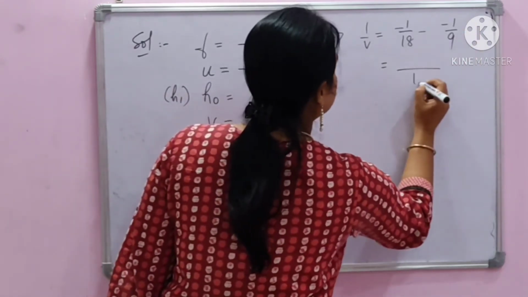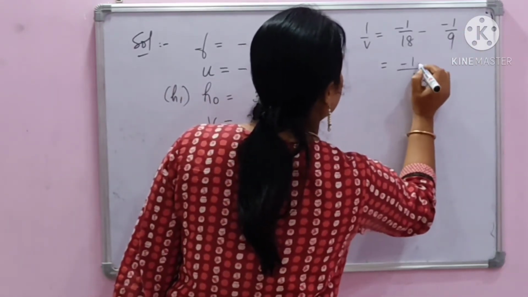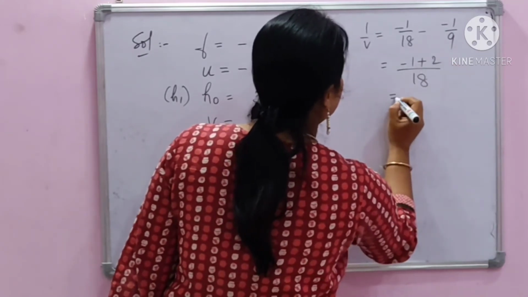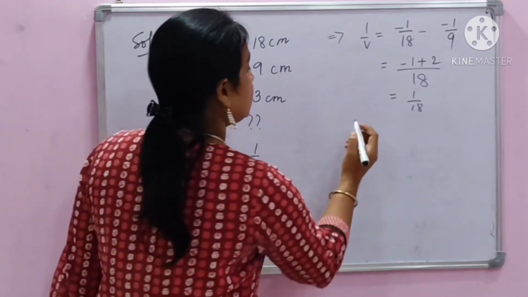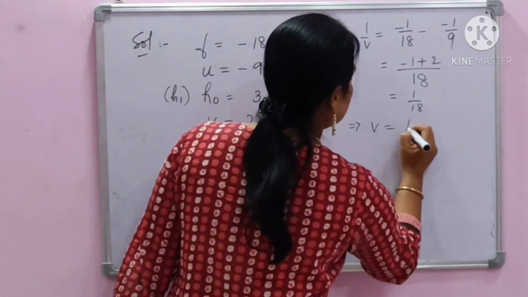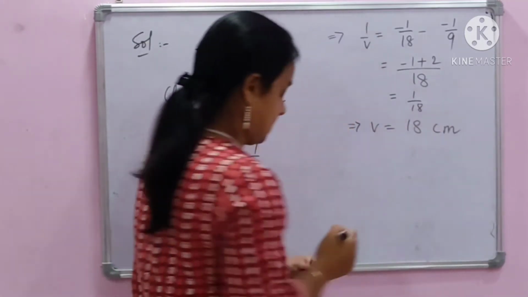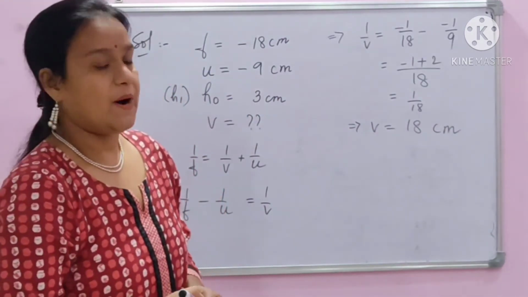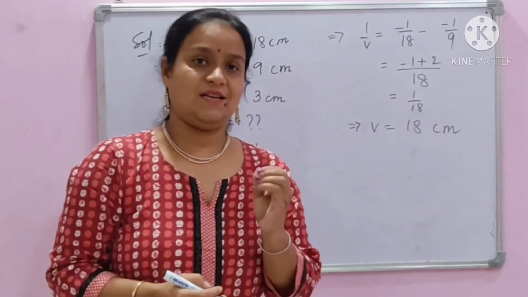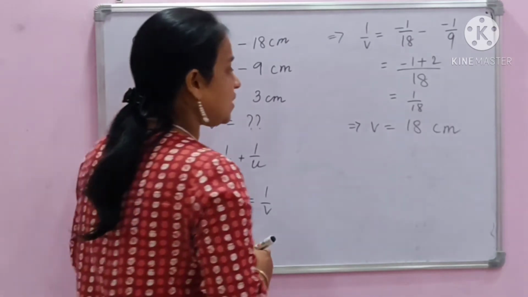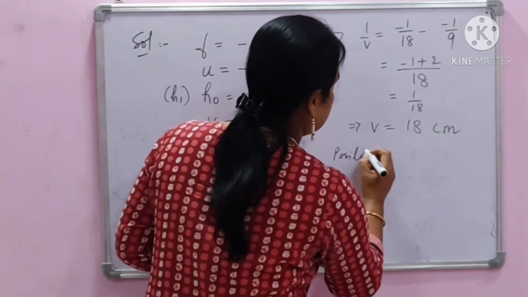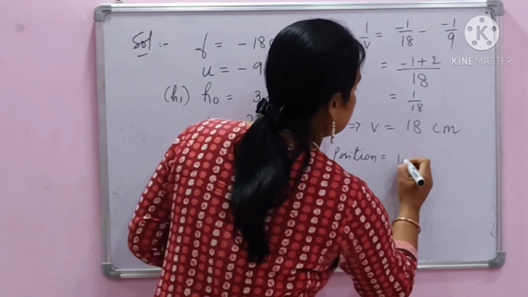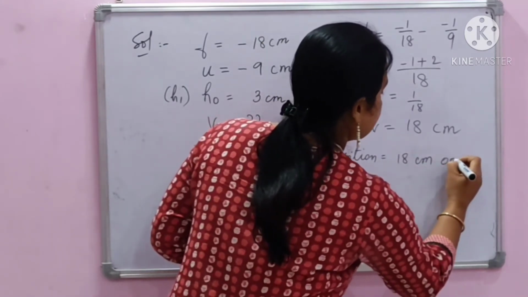So just solve it. I know you all can very easily do it. So it will be 1 by 18. 1 by v is 1 by 18. So v will be equal to simple 18 centimeter. Now what do we know about the position and nature of image from here? Position will be 18 centimeter on the other side of mirror.